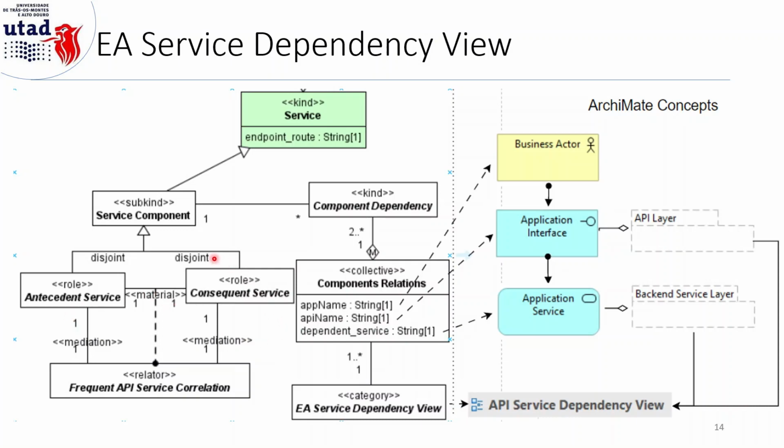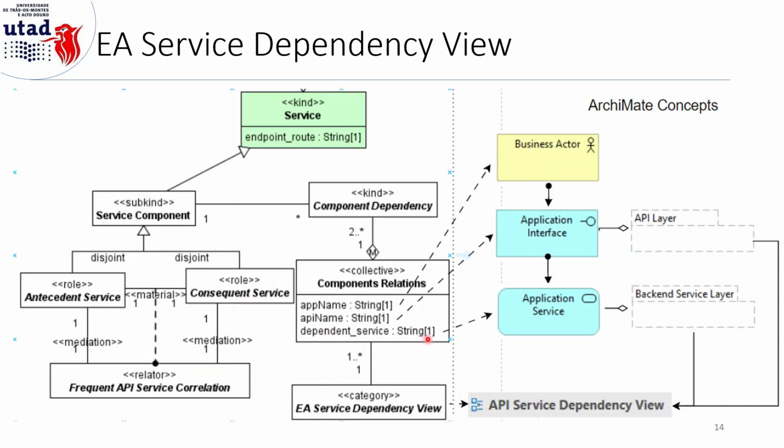So the relations between these services are individuals of the kind component dependence. The collective component relation groups these dependencies in context based on the app name and API name. Thus, an API service dependency view is created in ArchiMate.